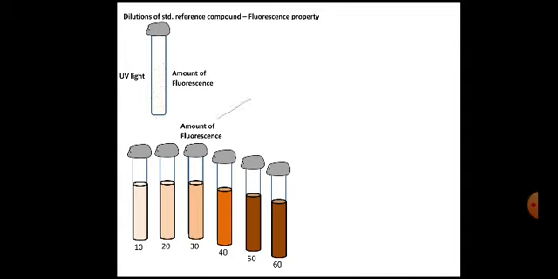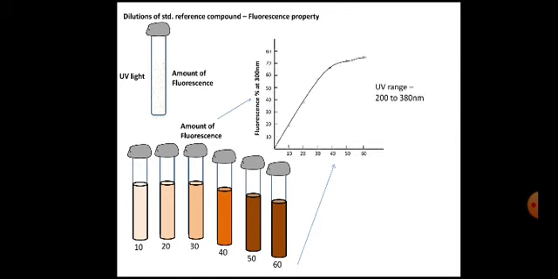Now you have two parameters, amount of fluorescence and concentration of fermentation product. So obviously the next step will be preparation of a standard graph. On the y-axis it is fluorescence in percent at 300 nanometers, for example, and on the x-axis it is concentration of fermentation product.